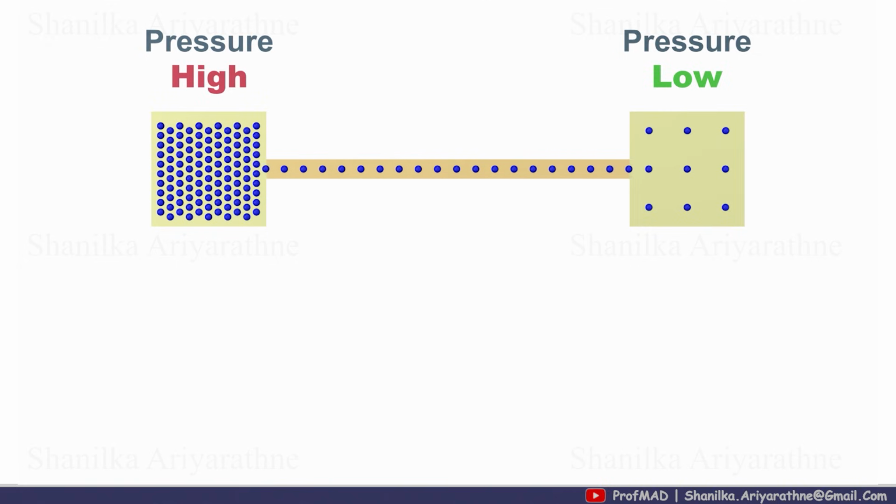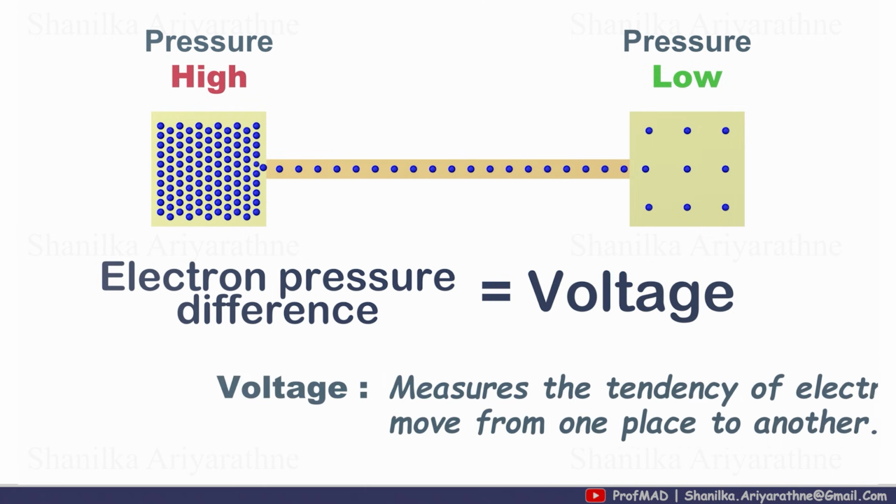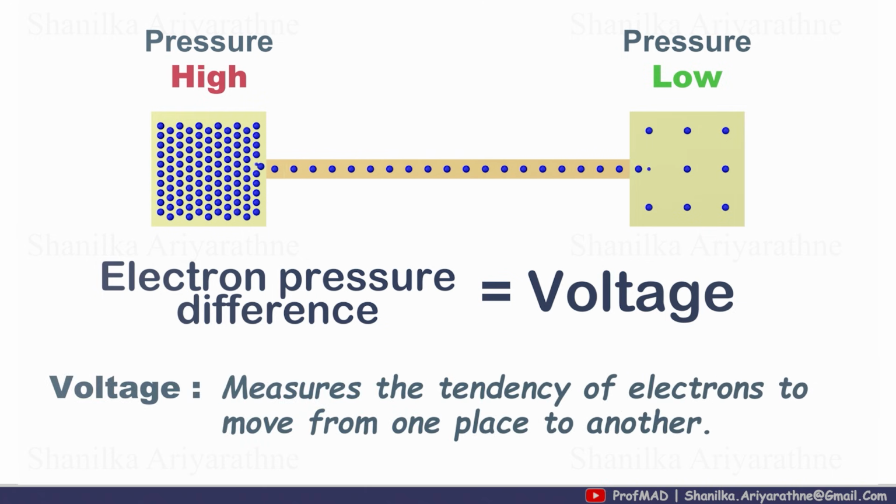As we discussed, when we connect two sides with different electron pressures using a conductor, the electrons naturally flow from the high-pressure side to the low-pressure side. In physics, this pressure difference has a name: voltage. Voltage is the push that drives electrons to move, the force behind electric flow. It's one of the most important ideas in all of electronics. When we control voltage, we control the flow of electrons.